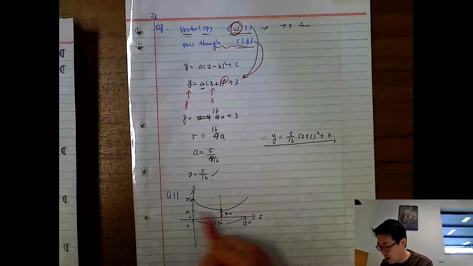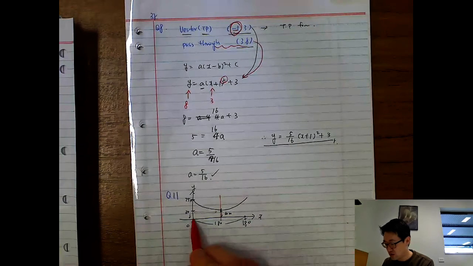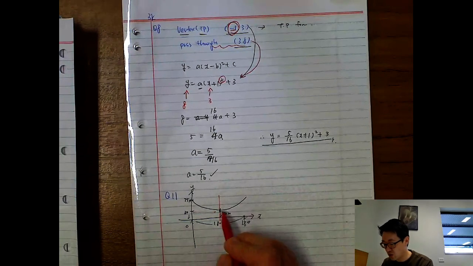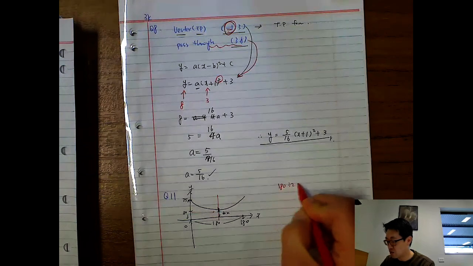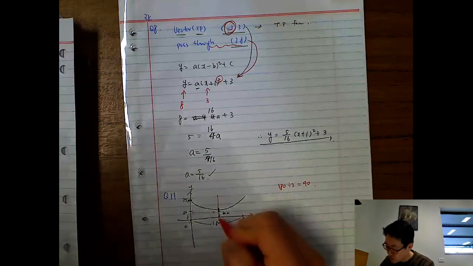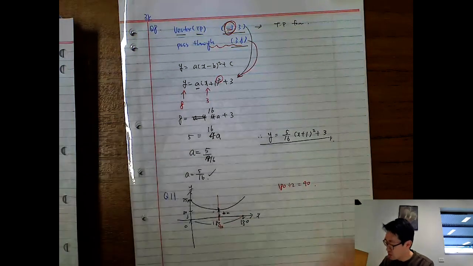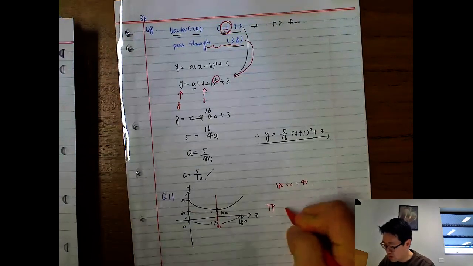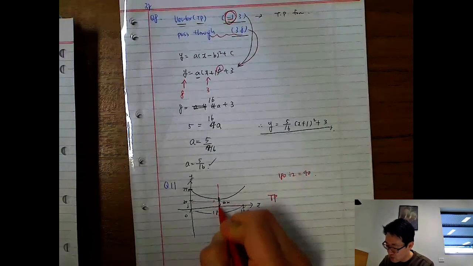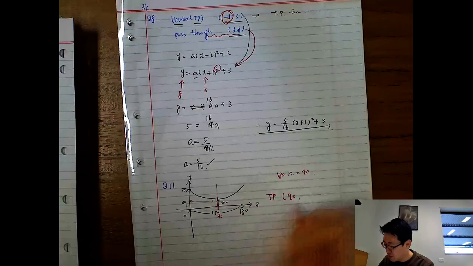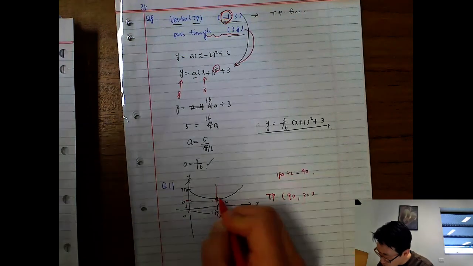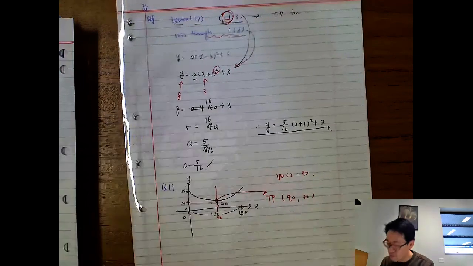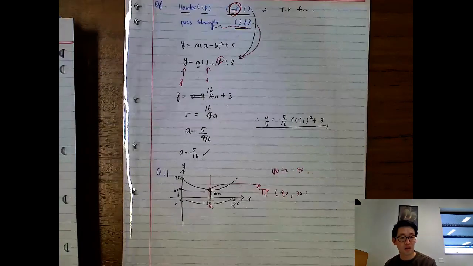So this is the halfway. The total distance is 180, therefore the halfway is 180 divided by 2, 90. So the turning point in this case is when x is 90, y is 30. The minimum point is here.